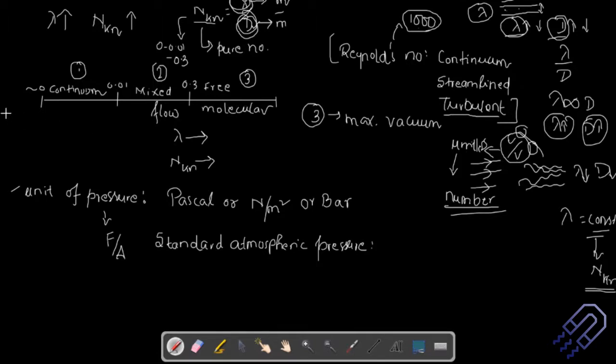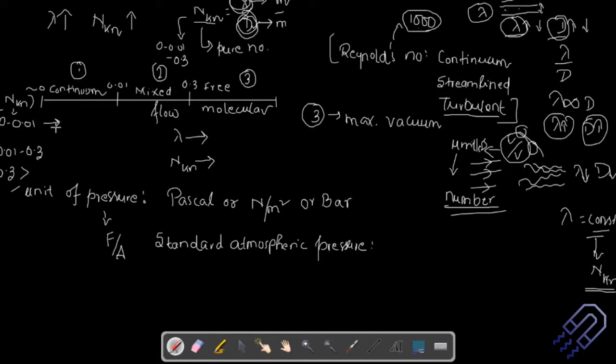In other words, I can write down the value of the Knudsen number, Kn: 0 to 0.01, then the second range 0.01 to 0.3, and the third range greater than 0.3.